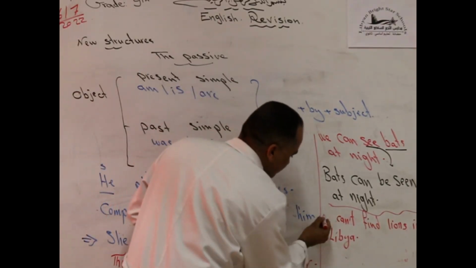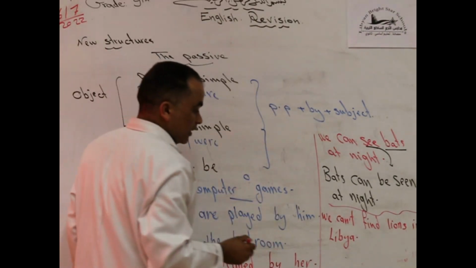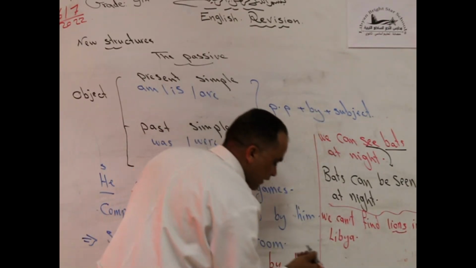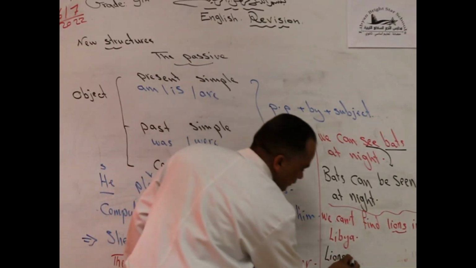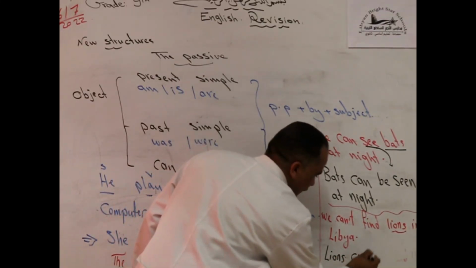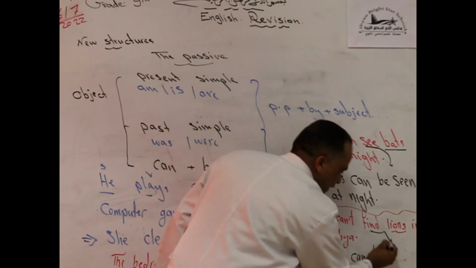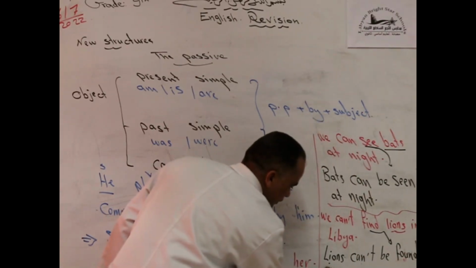We can't find lions in Libya. Start with the object. The object here is lions. Start with it. Lions can't be, putting it in the negative form. The past participle of the verb find is found, in Libya.